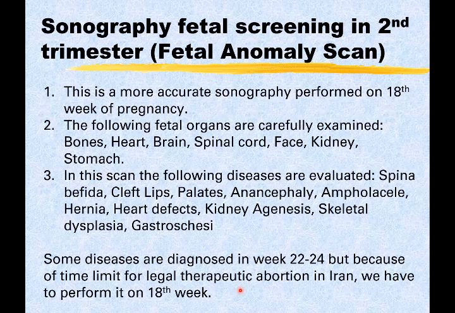When I say the last thing we can do, it's because the legal abortion time in Iran is 18 weeks and 6 days. So that's the last thing we can do prior to that date. And if the fetus is abnormal in this fetal anomaly scan, they can issue the approval for pregnancy termination.